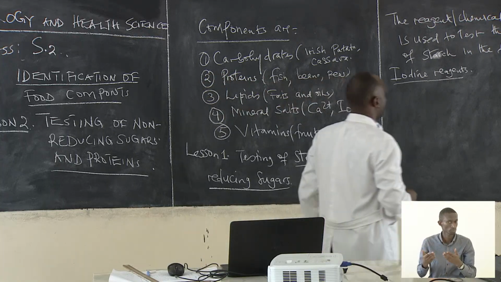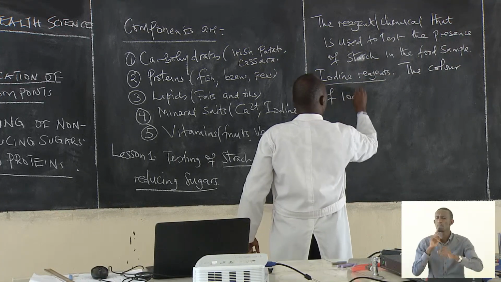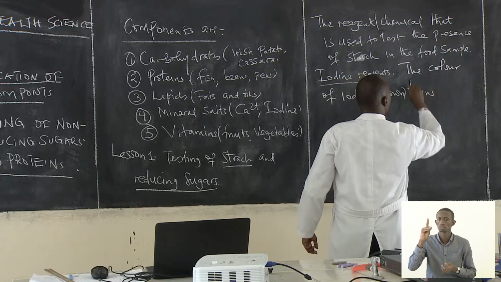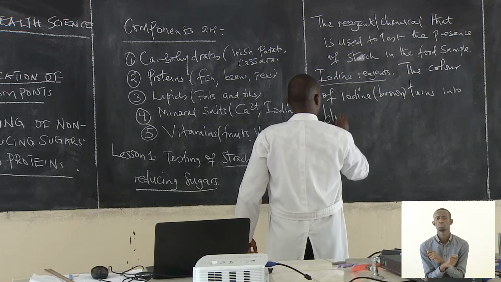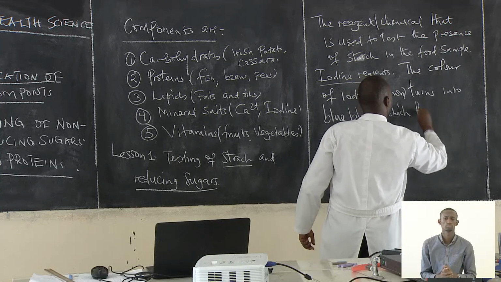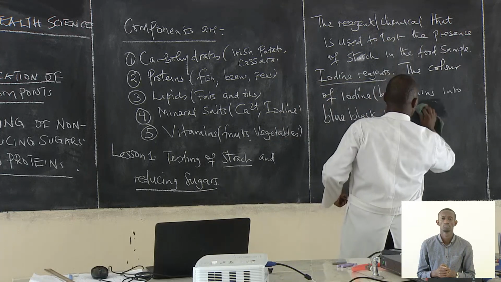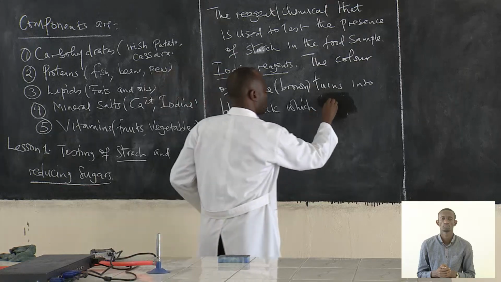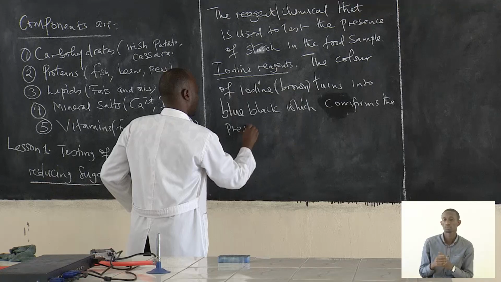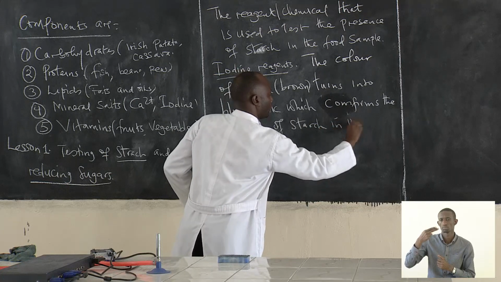So we say that once you use the iodine solution, the color of iodine, which is brown, turns into blue-black, which confirms the presence of starch in the food sample.